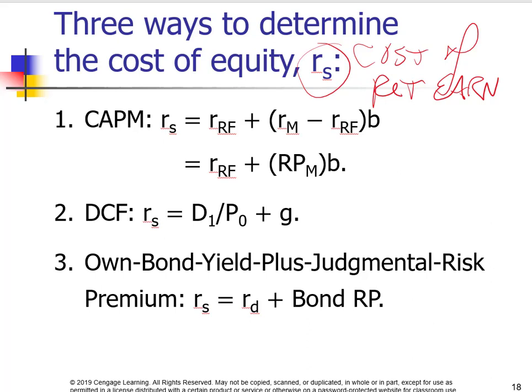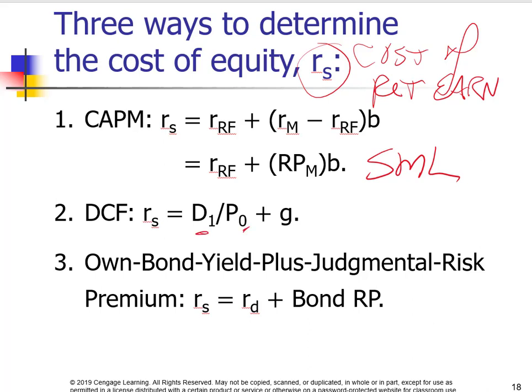We have three methods we can use, and we've discussed two in previous videos. We could use the capital asset pricing model, which hopefully you recognize as being the security market line formula. And you know we can look up this data. We'll talk about that here in a couple of minutes. We can use the discounted cash flow model, where we predict dividends a year out.